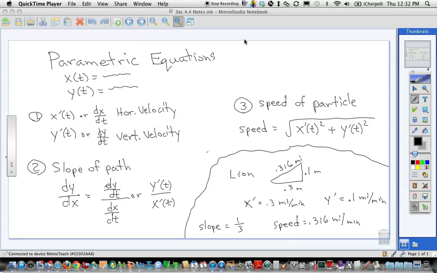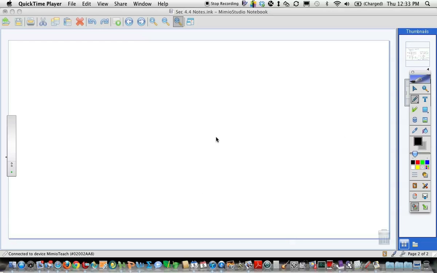On the homework, questions 1, 3, and 5, it talked about direction of travel and tracing and graphing on your calculator. So therefore, if you have a picture on your calculator that looks like this, I think that was one of them.